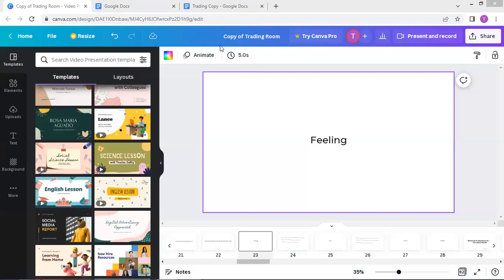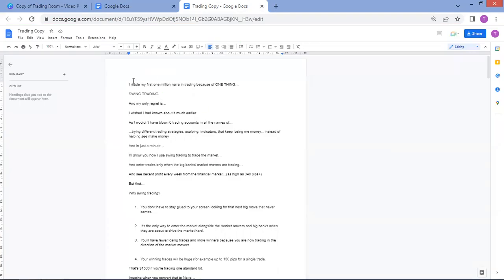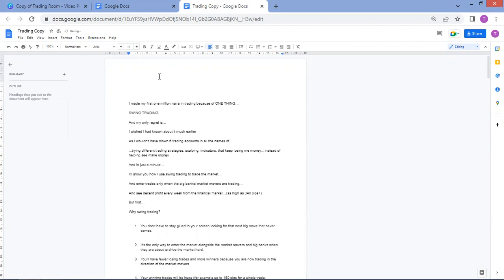So the first part of this training that we're going to be looking at is what we call the ad copy. It's basically that part of your ad whereby you are communicating to your audience what you want them to believe, and the reason why they should click on your ad and get whatever you are promising or want to give them.